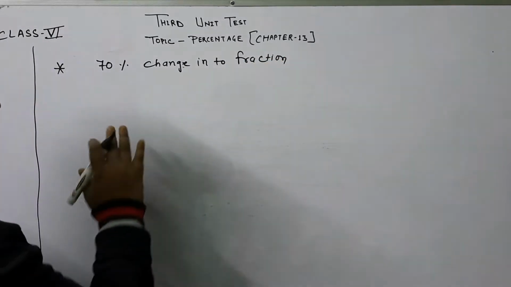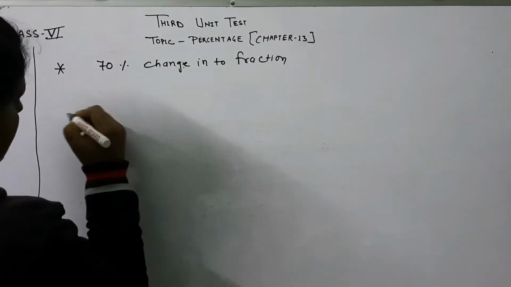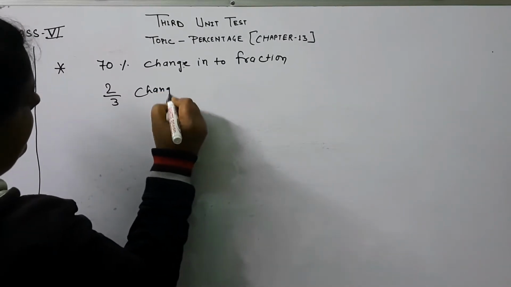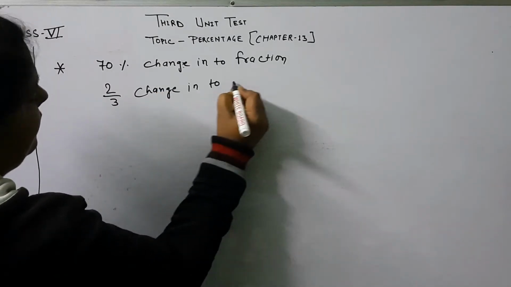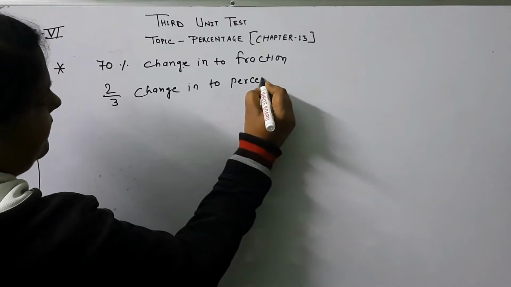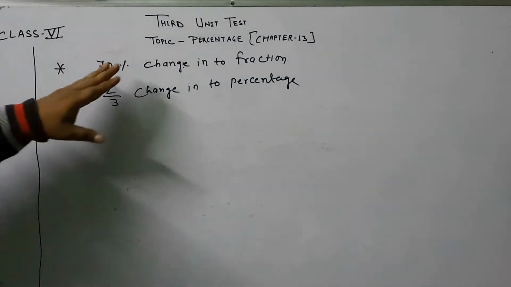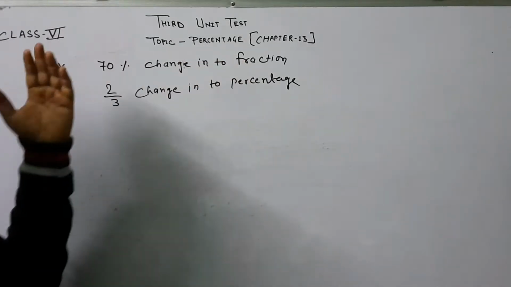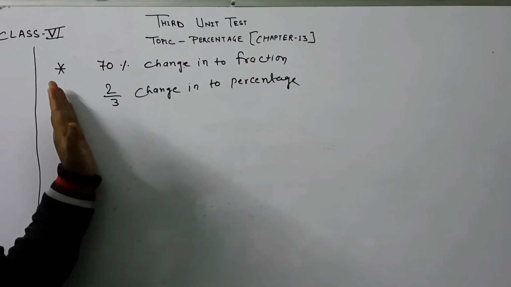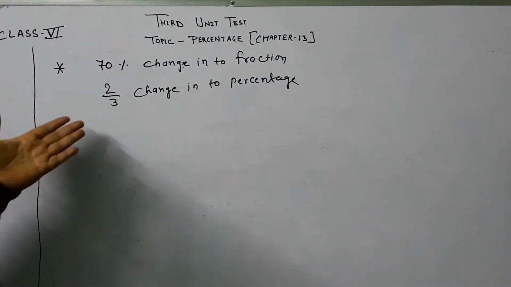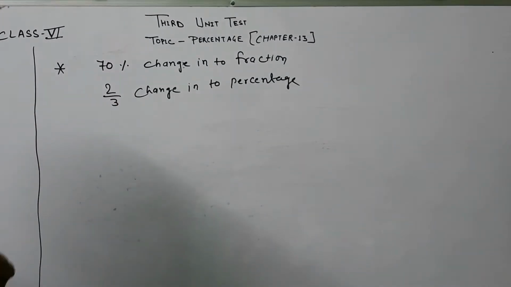Conversion of percentage to fraction. And if a fraction is given, 2 by 3, change it into percentage. So if percent is given, you have to convert it into fraction. If fraction is given, you have to convert it into percentage. See here, the first question is 70%, change it into the fraction.